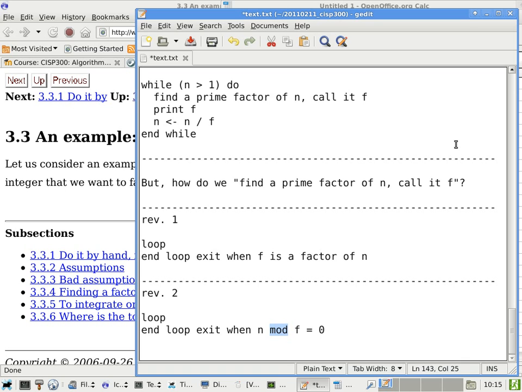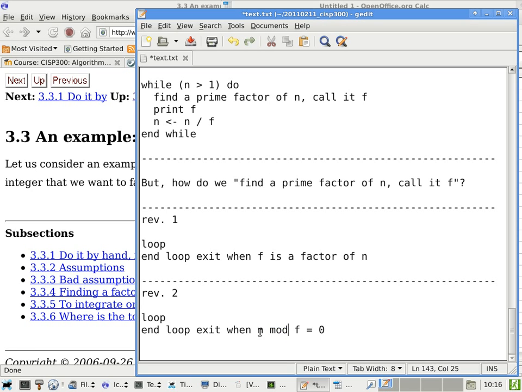It's 1. 1 divided by 16 has a quotient of 0, but a remainder of 1. So the mod operator is kind of like a division, except we don't care about the quotient, we only want the remainder of the division.